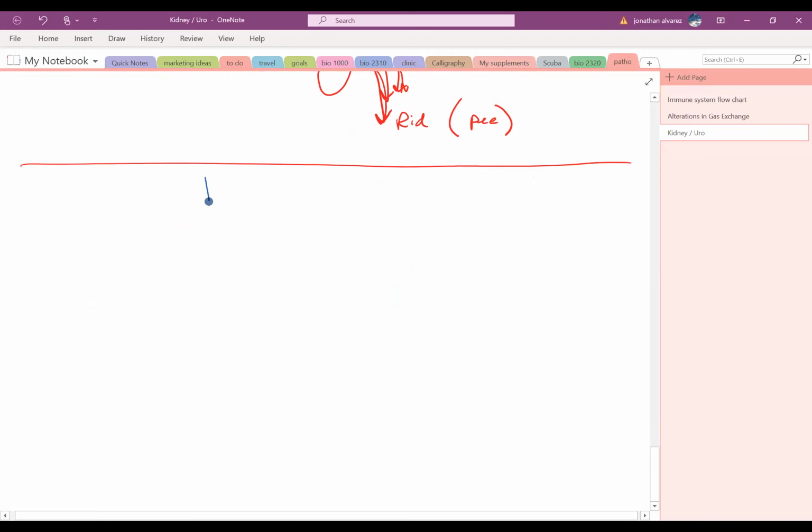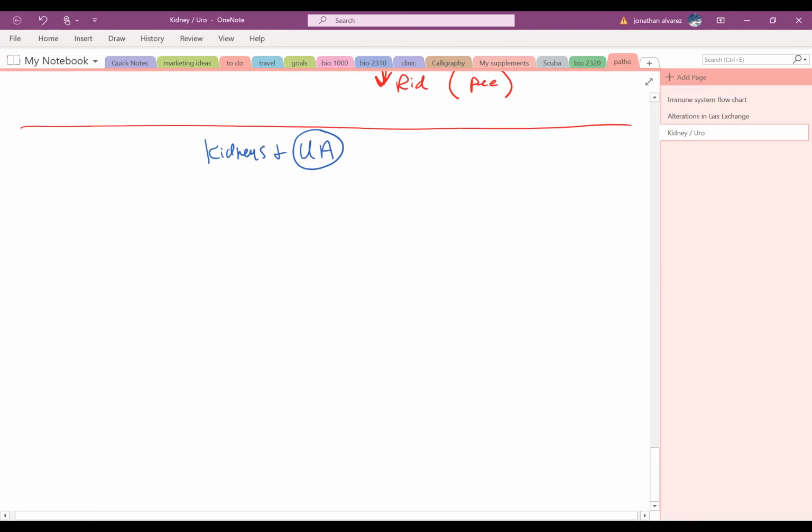All right, kidneys and urine analysis, a UA. So you want to look for things like the color of urine. It should be kind of a light yellowish color.